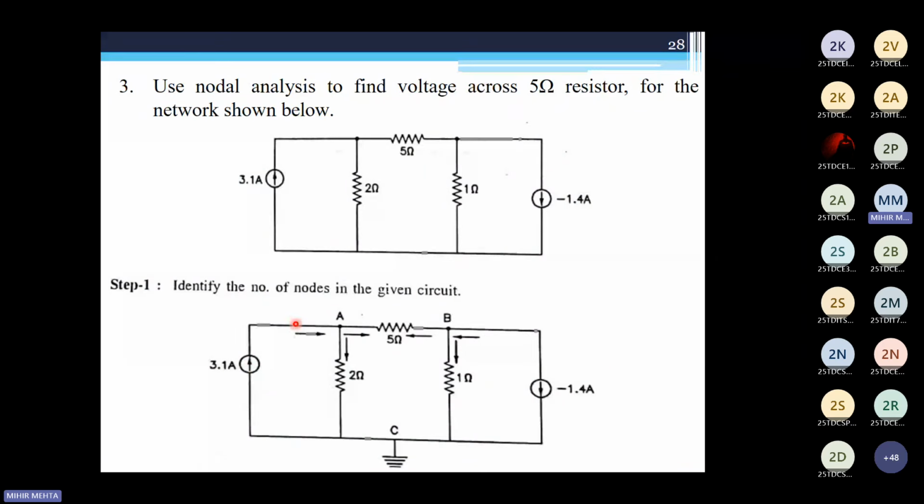So 3.1 ampere is equal to this current plus this current. So if I write down, let's call this current I1 and this current I2.